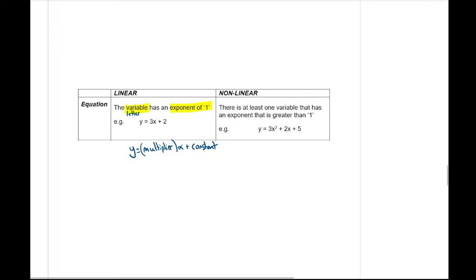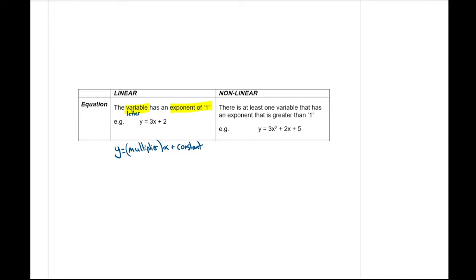Our linear pattern is going to follow this rule. Now, we may have a multiplier of 0 or a constant of 0, but as long as it follows this general pattern, it is considered a linear pattern or relationship.